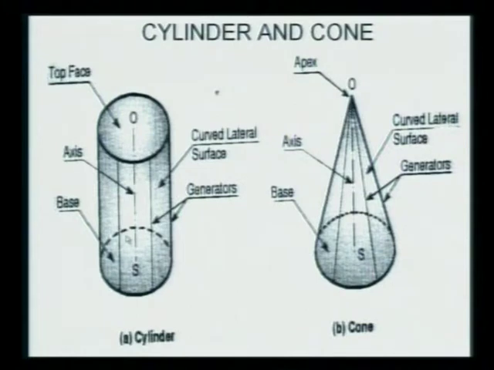In a cylinder, the top and base are exactly similar, that is, circular, joined with the curved lateral surface, and within it are imaginary lines, the generators. In a cone, the base is compulsorily a circle, and the apex is a point where all the generators come together and join.